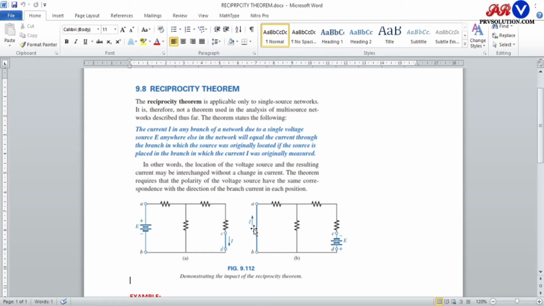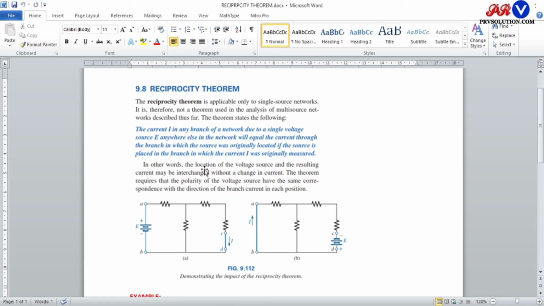So if I measure this current I, and the source is placed in the branch in which the current I was originally measured, that is, I place this source in the CD branch, then the current in the AB branch will be equal to the current in the CD branch.